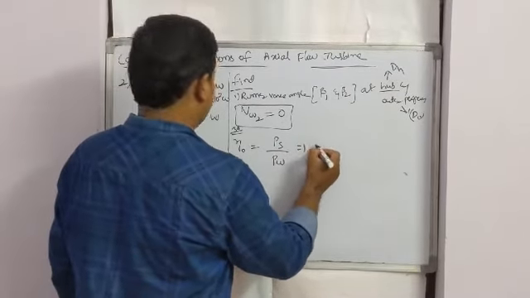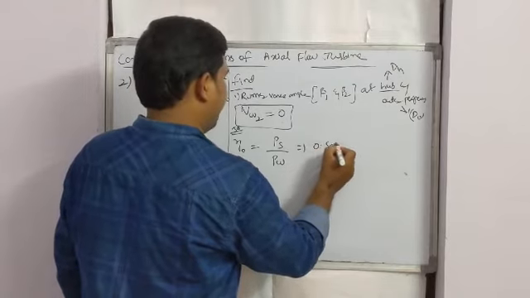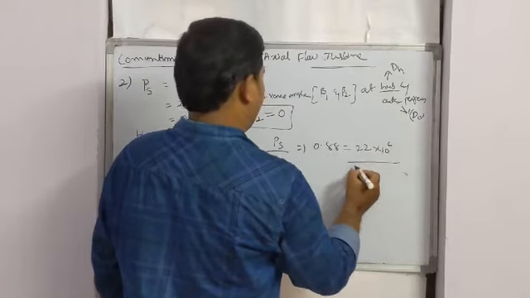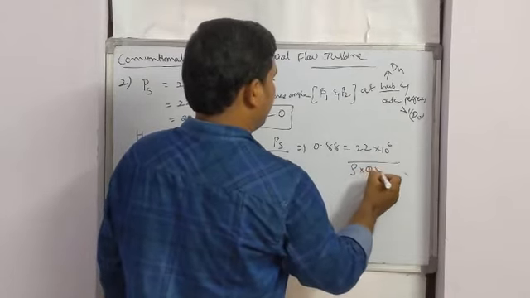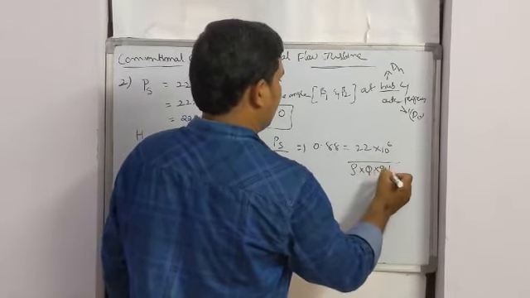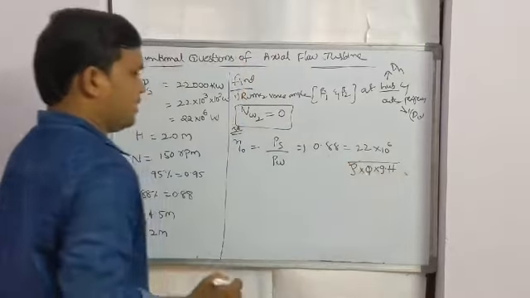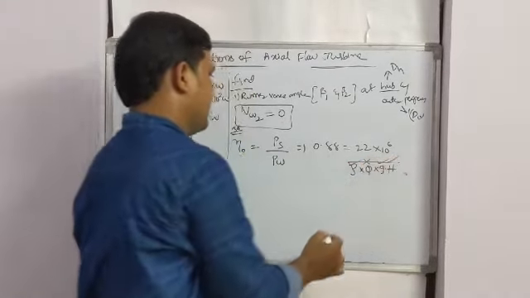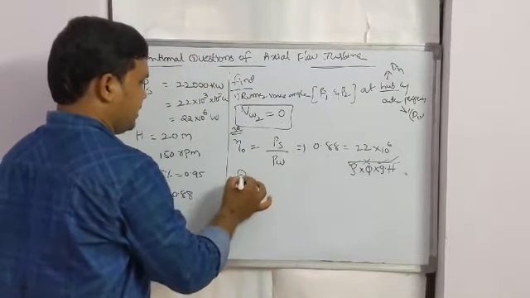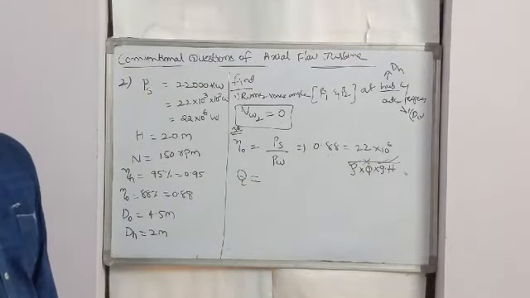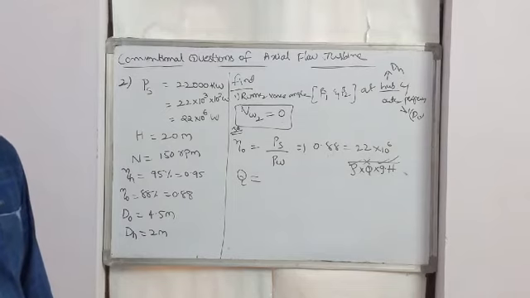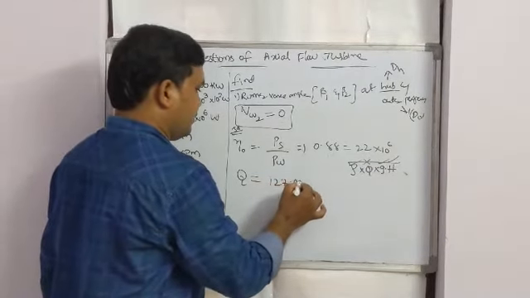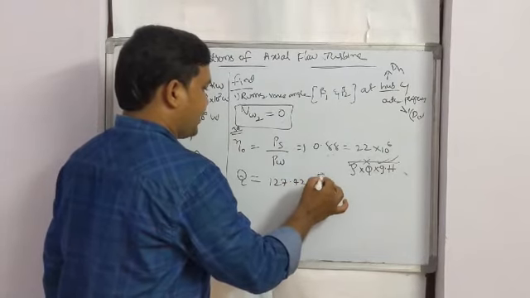So 0.88 equals shaft power, 22 into 10 to the power of 6, divided by water power, which is rho Q G H. Density of water, G we know, H is given, Q is not given. By substituting all of these, we get Q. Discharge of turbine is 127.42 meter cube per second.